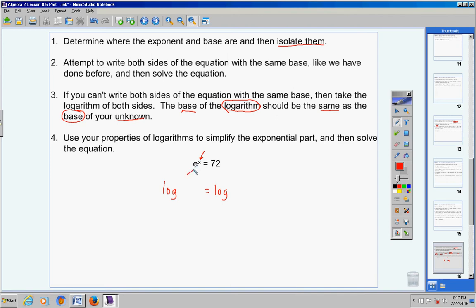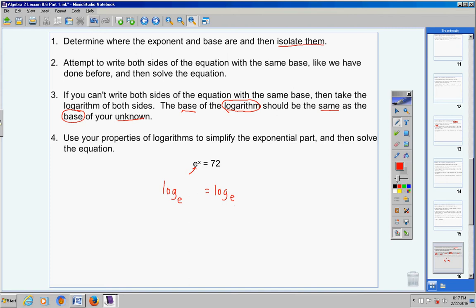E. Is that not the base? Sure it is. Here's your exponent, here's your base. So every single time that you use step 3, whatever your base is right here, that's what you put right here. Isn't that easy, guys? Anyone can write the letters LOG, and then whatever the base is, you put it here and here.